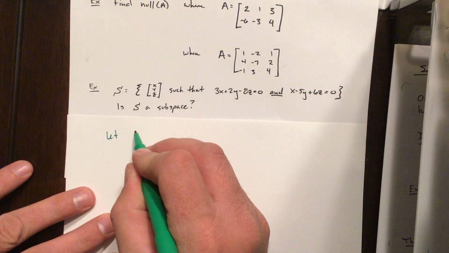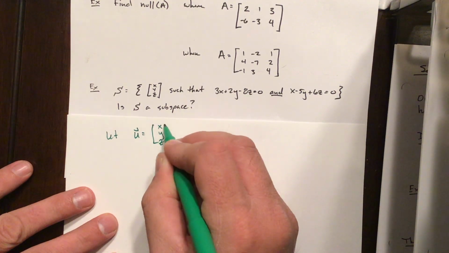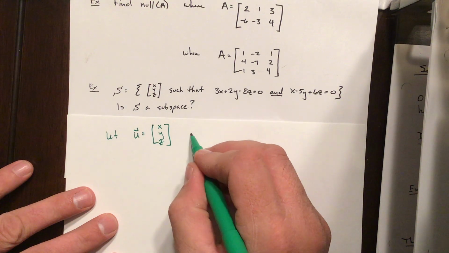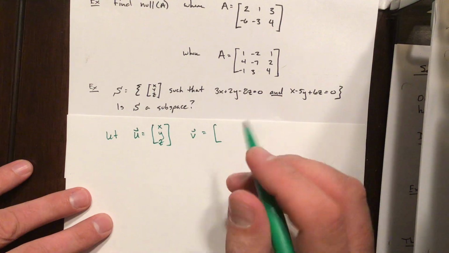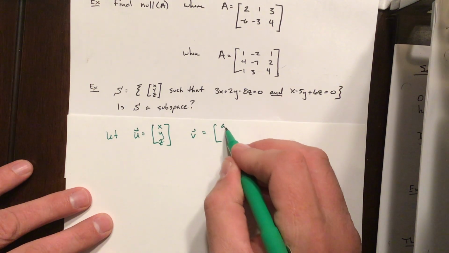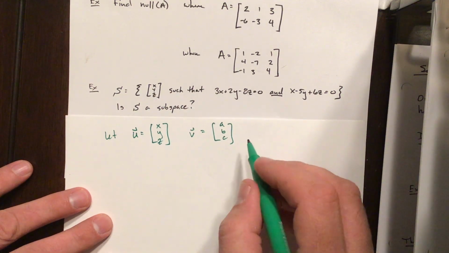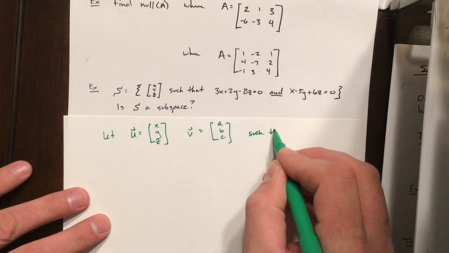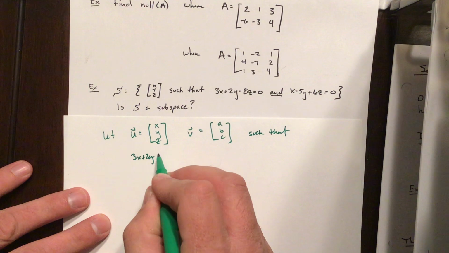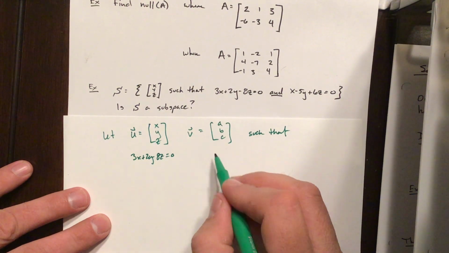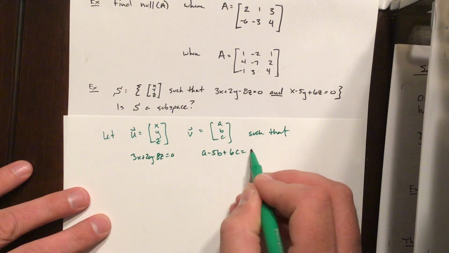Let u be the vector x, y, z, and let v be the vector a, b, c, such that 3x plus 2y minus 8z is equal to 0, and that a minus 5b plus 6c is 0.